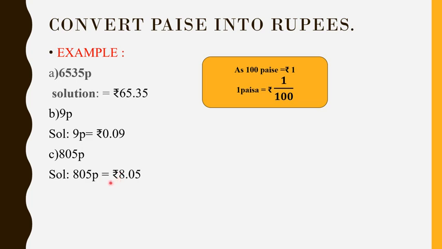Your answer will be rupees 8 and 5 paise. Paise P we are not writing because this dot is already separating rupees from paise. Is it clear?